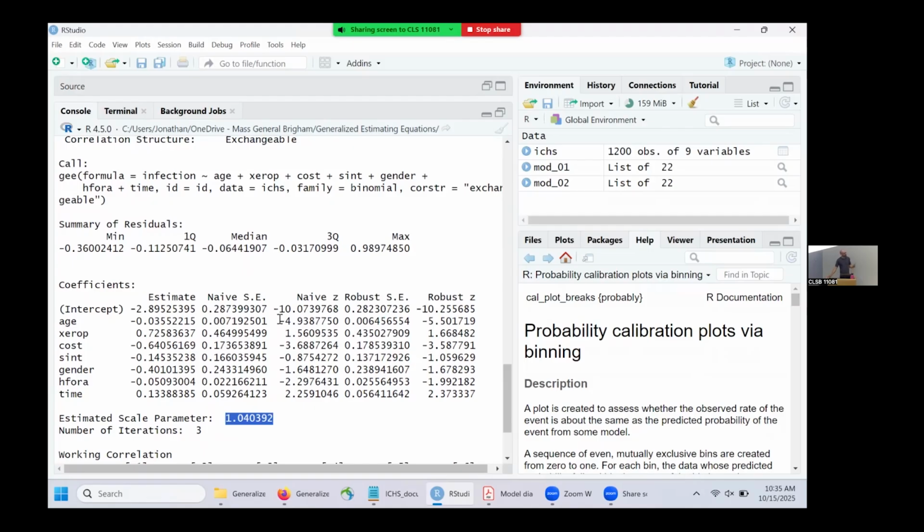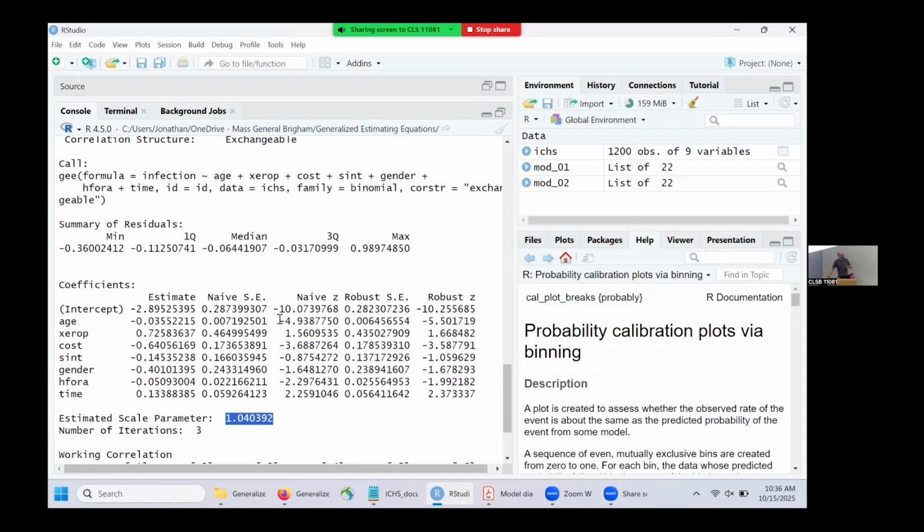If any of you know about the generalized linear mixed effects models, when we're working with mixed effects models, the estimates have sort of weird interpretations because they're conditional on cluster. That's a result of using random intercepts or random slopes.